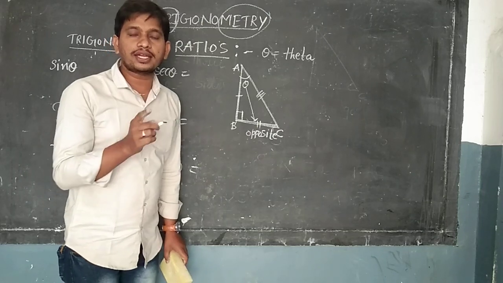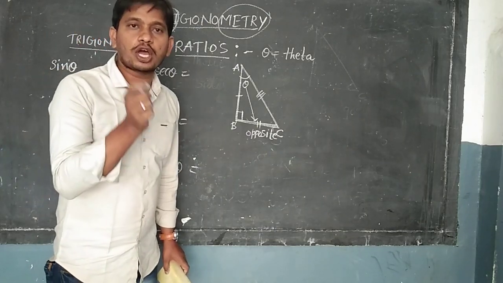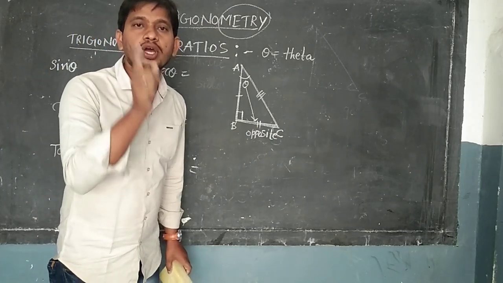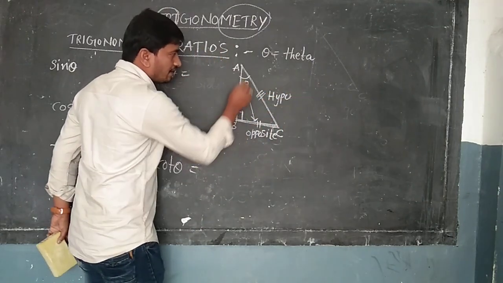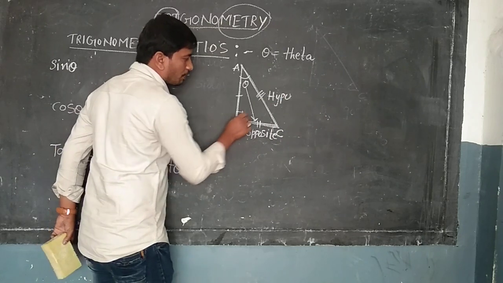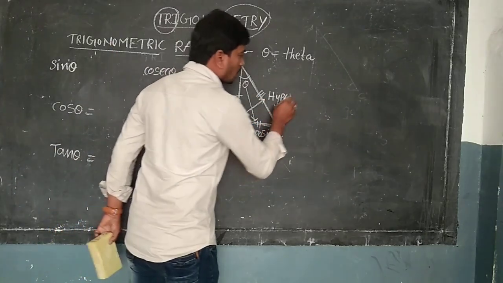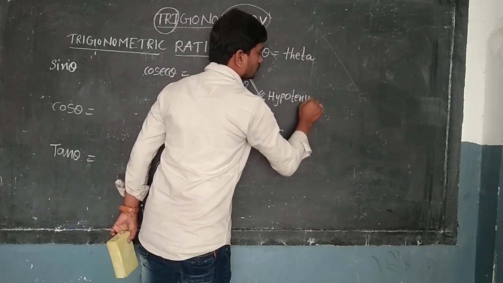In a right angle triangle, the side which is opposite to the right angle is called the hypotenuse. AC is the side opposite to the right angle, so it is the hypotenuse.